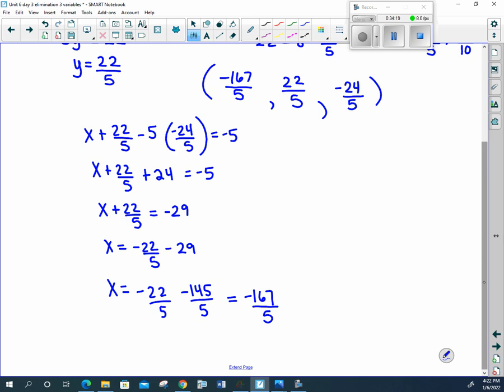Just find a nice, happy pace. Don't go too fast. Don't go too slow. Just be careful, and I think that you'll find great success with these. They're not too bad as far as the math portion because it's always the same kind of setup. You always start with 3 equations, try to get it down to 2 equations, and then 1 equation with 1 variable. Okay, good luck.